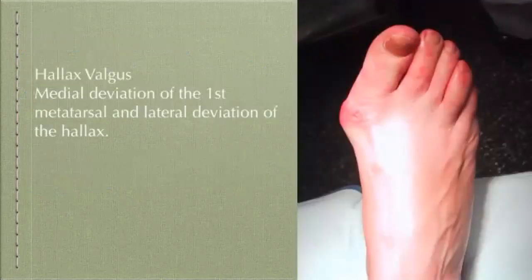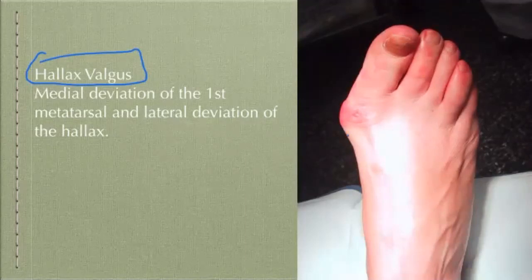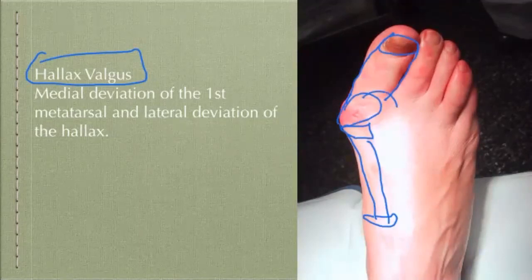There is a distinct condition called hallux valgus. That is medial deviation of the first metatarsal with adjoining lateral deviation of the hallux, right? With a thickened medial part which is called a bunion.